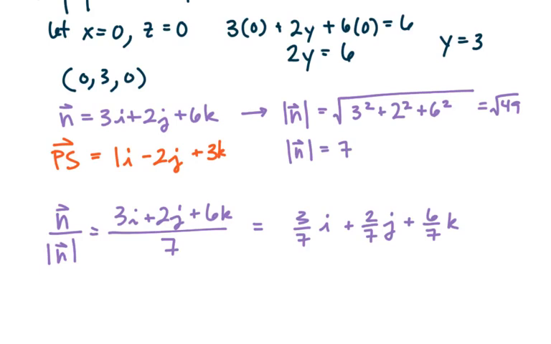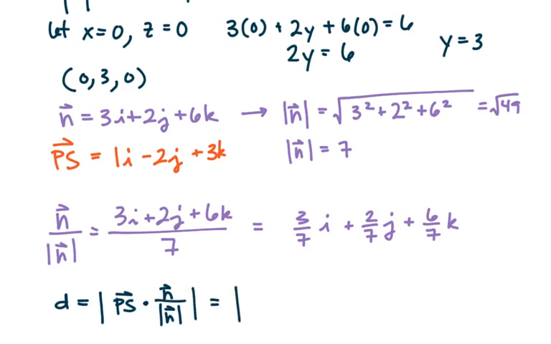So this is the dot product. In order to find that distance, we need the magnitude of the dot product of PS with n over the magnitude of n.